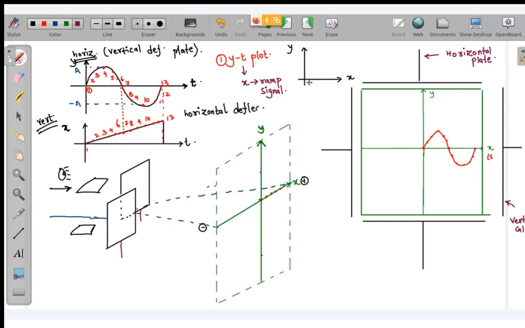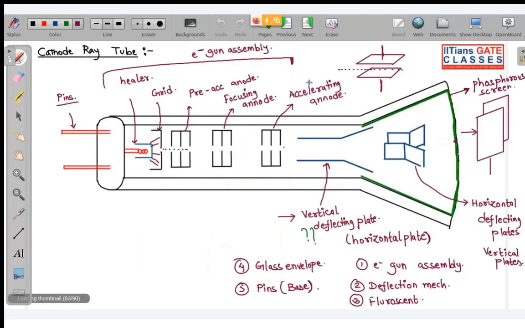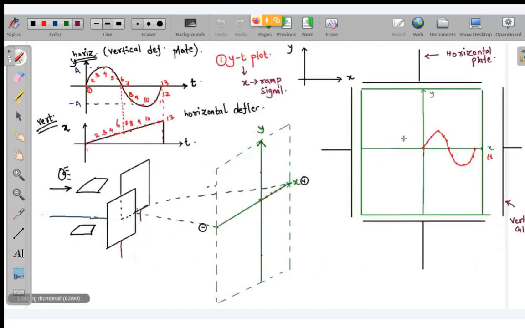You can see it over here. But when I see the plate from this point, at that time I will see it like this only. So it is not one above the other, it is one beside the other, one followed by the other. Is it clear?